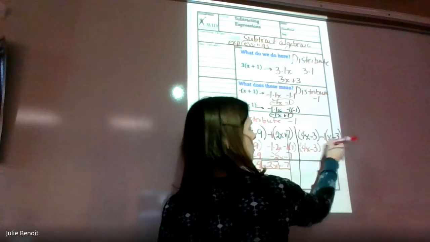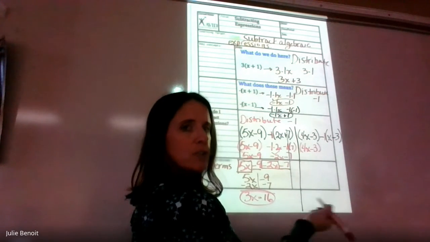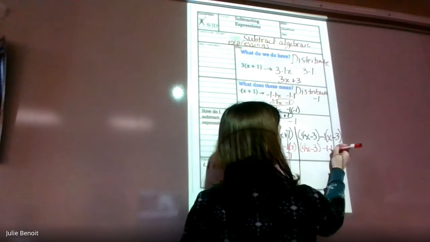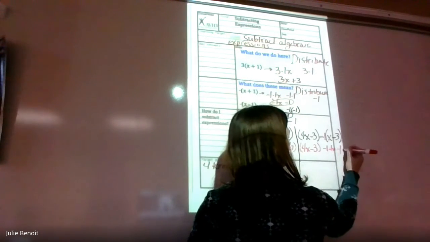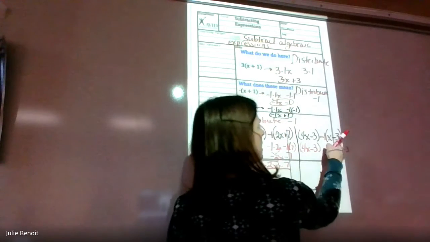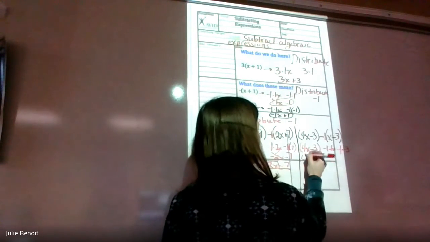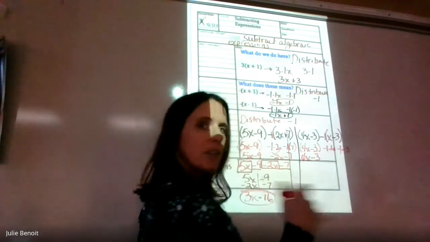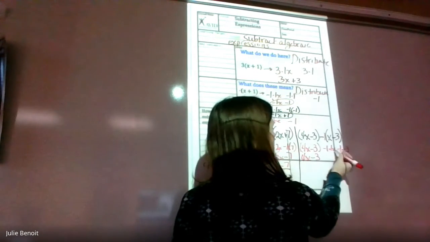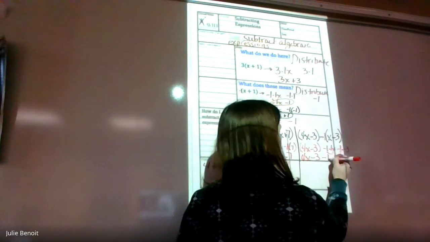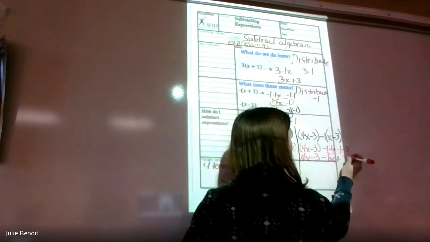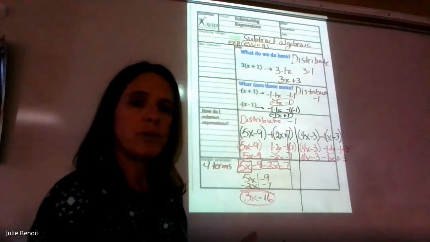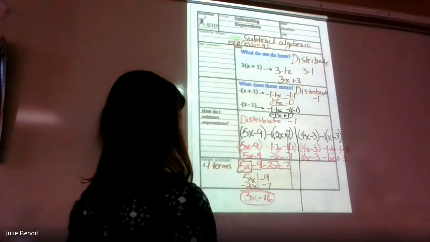Here's where we're distributing a -1, -1 to 1x, and -1 times -3. So we have 4x minus 3, still nothing happened there. -1 times 1x is -1x. -1 times -3 is a +3. Remember your integer rules. A negative times a negative is a positive.